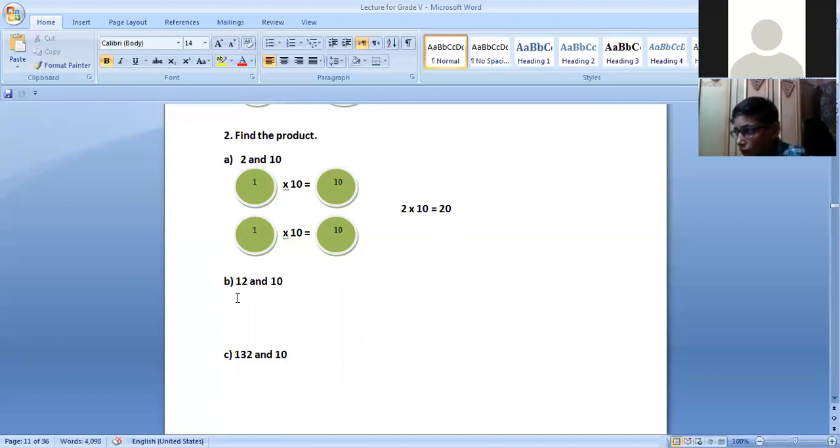Now let's move toward the next question. अब हम next question में solve करेंगे, then we have a 2-digit number. It's a 2-digit number, so we use disks.